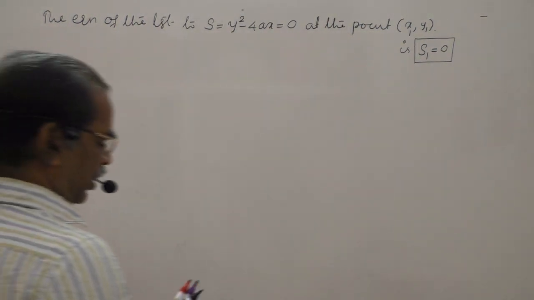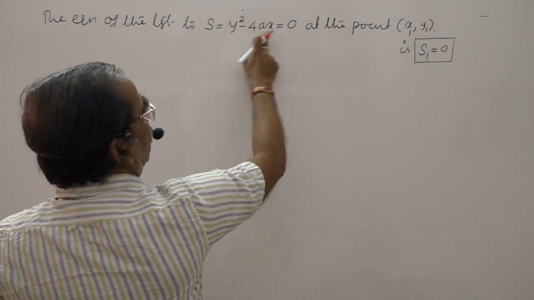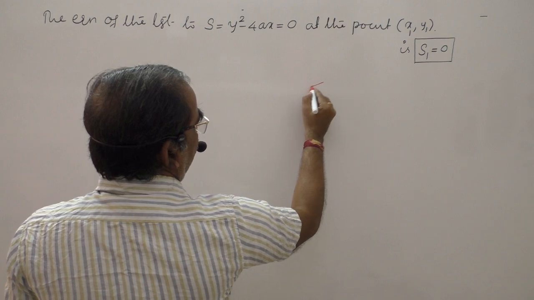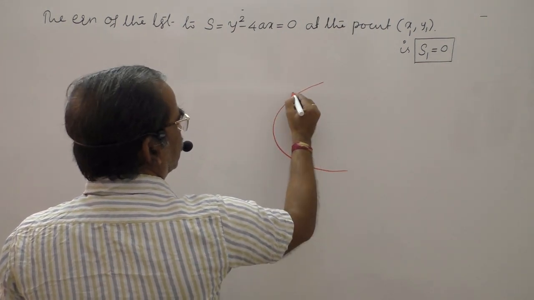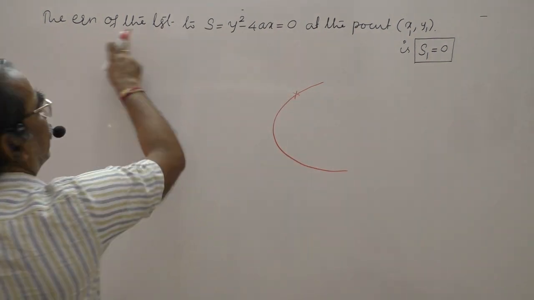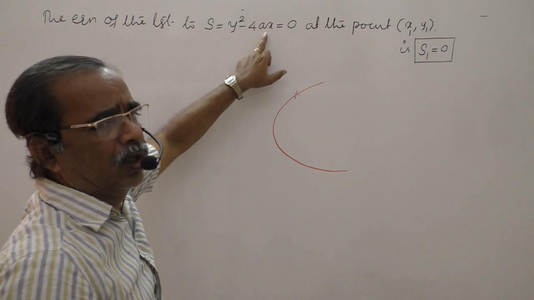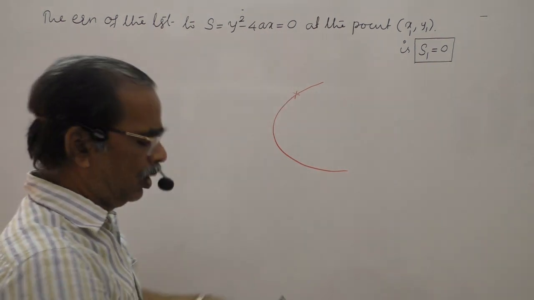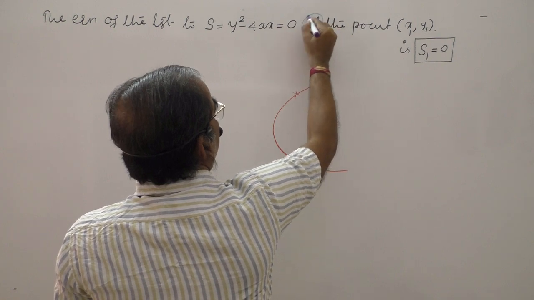Okay, let us see the proof for this. Here y² = 4ax, a curve is given, and we know its nature, it will be like this. We are finding the equation of the tangent to this parabola at the point. This word is important.